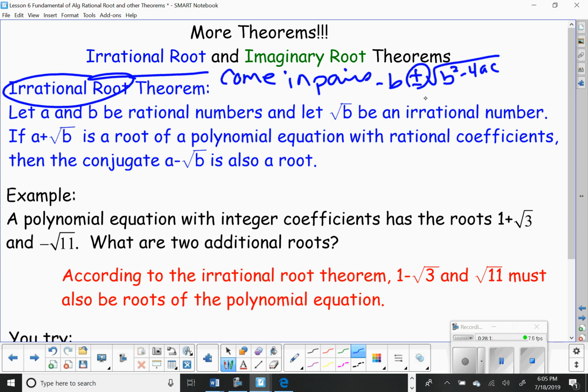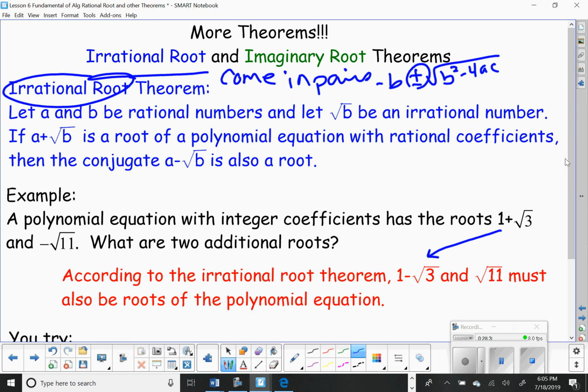Okay, plus and minus. A polynomial equation with integer coefficients has roots 1 plus root 3 and negative 11. What are 2 additional roots? Conjugate would be 1 minus root 3, and the conjugate of, think of this as 0 minus 11, is 0 plus 11, or just positive 11. Okay?